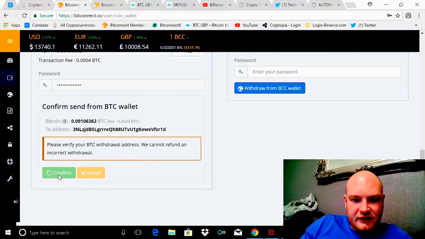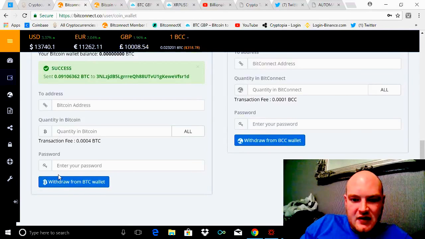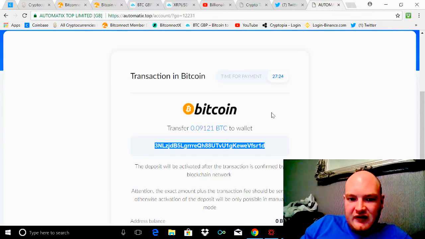Now I'll just leave this to process, and once it's finished processing, it should be received by this transaction timer.